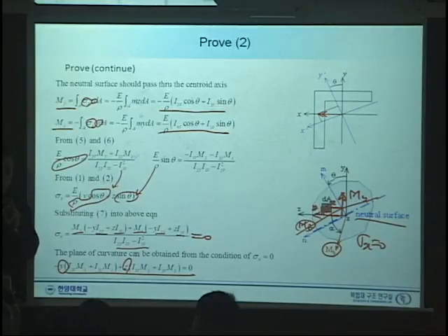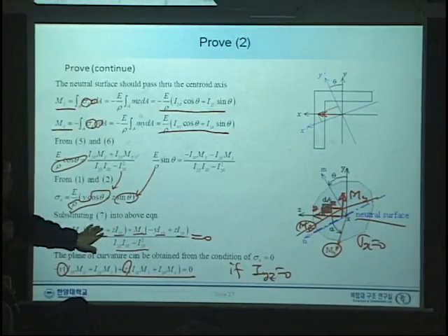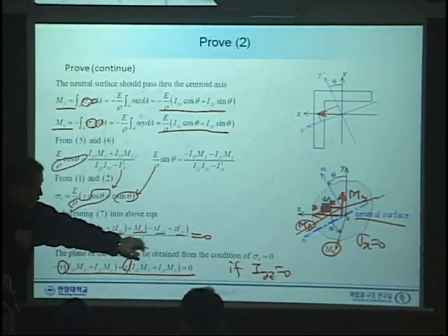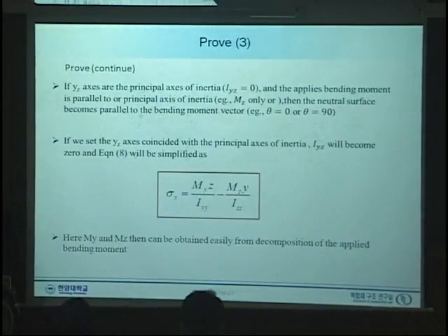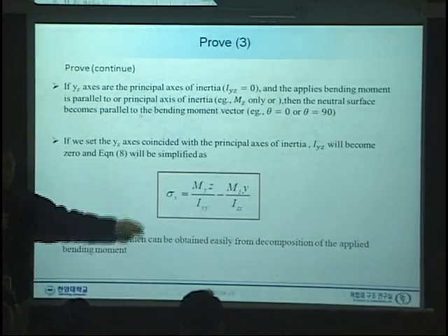So now here, if I_yz equals 0, let's assume I_yz equals 0. Then this term will disappear, this term, and this term, and so on. So the final equation will be like that.